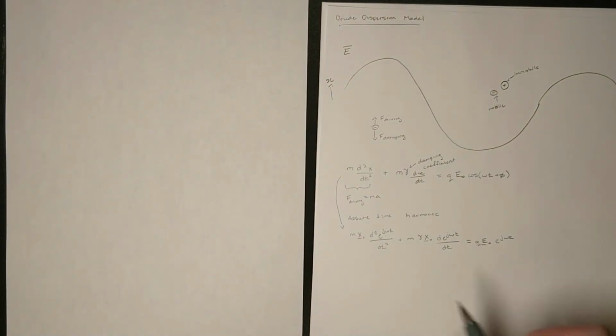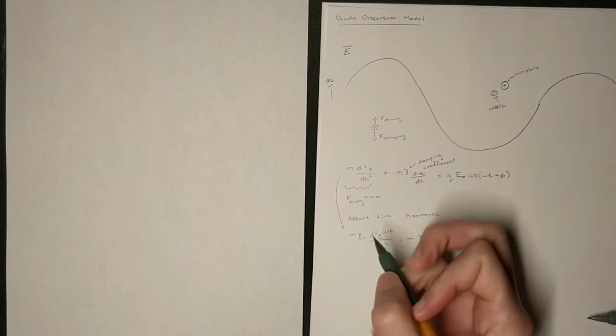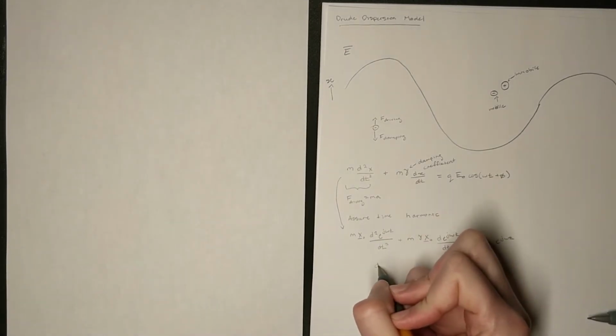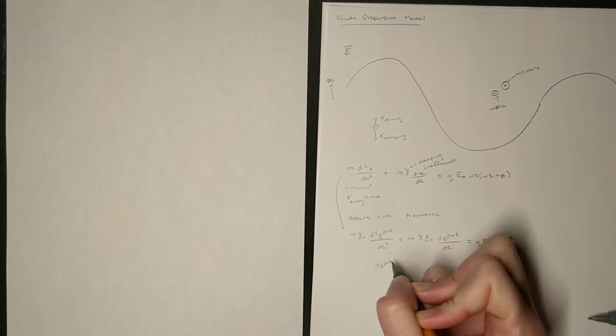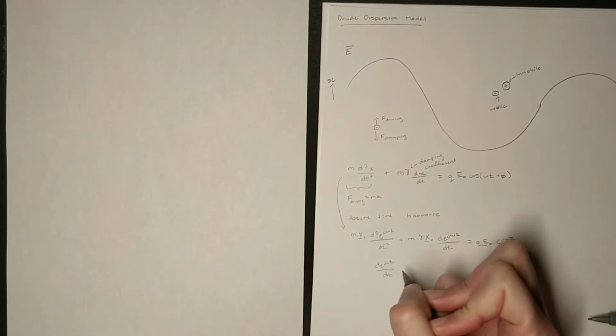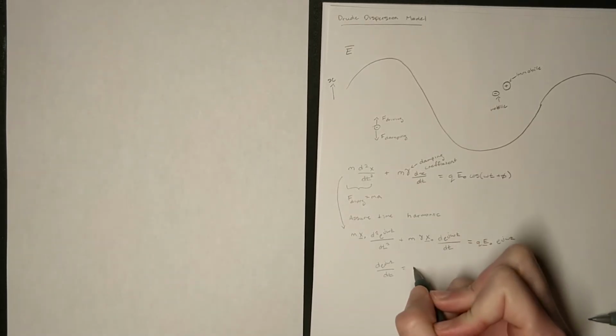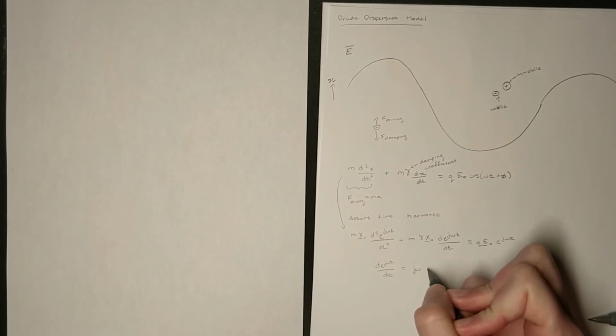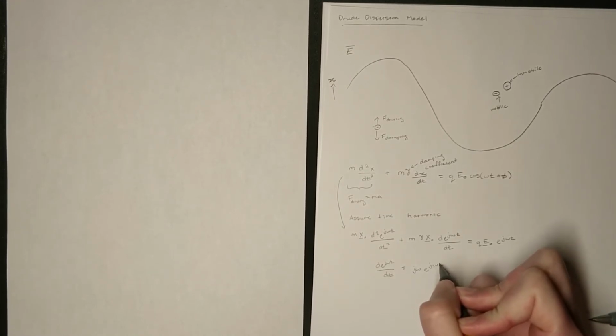Now we know that the derivative of e to the j omega t with respect to time is just j omega e to the j omega t.